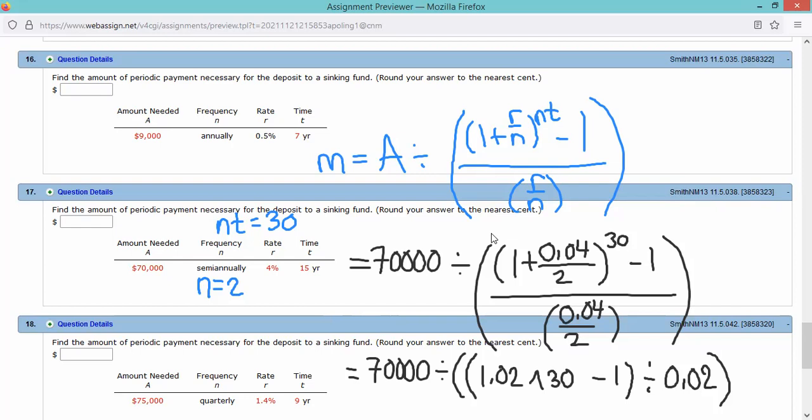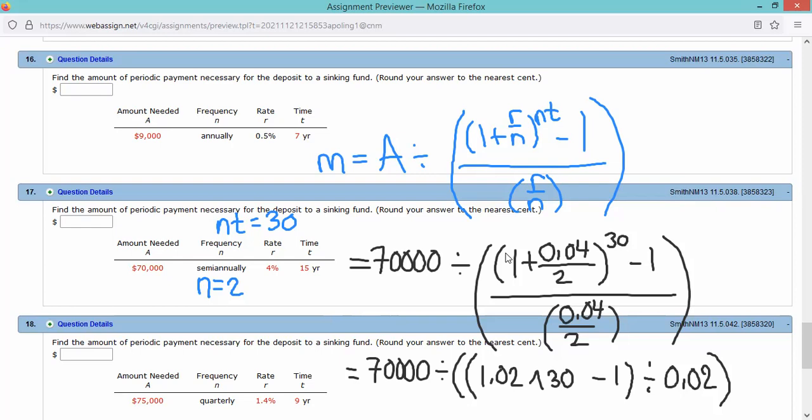Okay, so 70,000 divided by parentheses 1.02 caret 30, take away 1 in parentheses, divided by 0.02 in parentheses. Yeah.